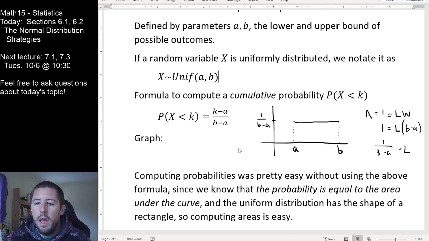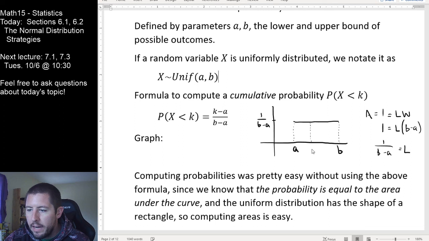And if we wanted to find any probability that our variable x would take on some value less than k, for example, then we could do that computation by determining where k is going to be. If k is some value in between a and b, then this right here should be the probability that our value takes on a value of less than k. This should be our probability that x is less than k, that amount of area.